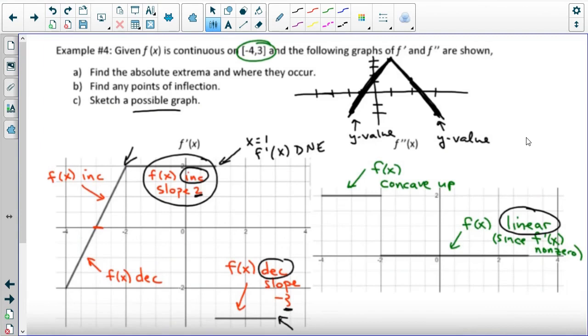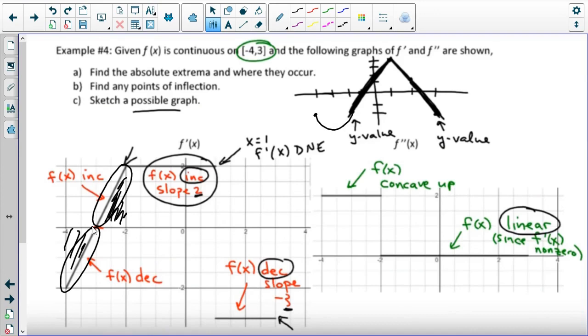So as a result of this, since I'm concave up and I have the exact same amount of f prime of x in terms of slope below this axis and above this axis, it's going to start and end at the same y value. I'm going to be concave up and decreasing until I get to x equals -3, and then I'm concave up and increasing until x equals -2.